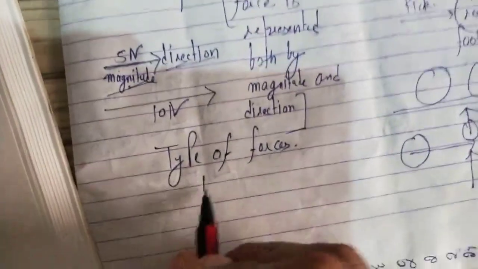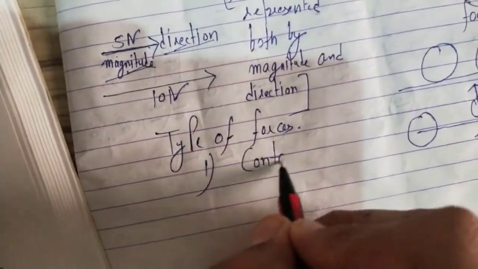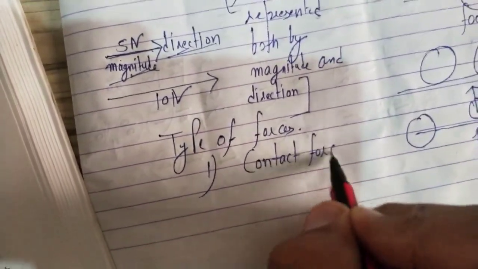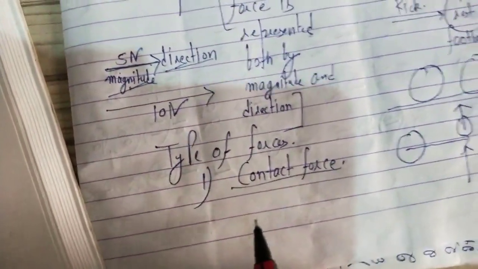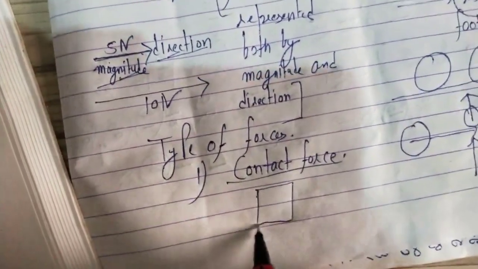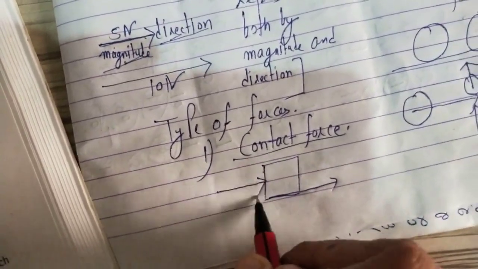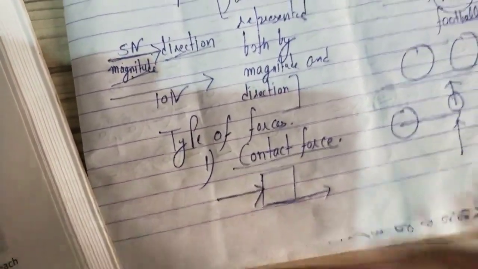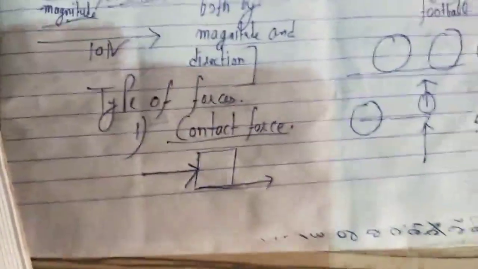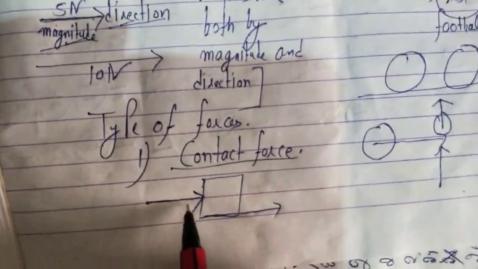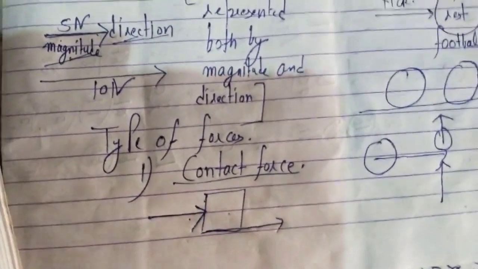First type is contact forces. Contact means a touch. If you want to push this box to this distance, you need to make contact, or you have to touch this object with your arms. That means you require a contact to apply the force.